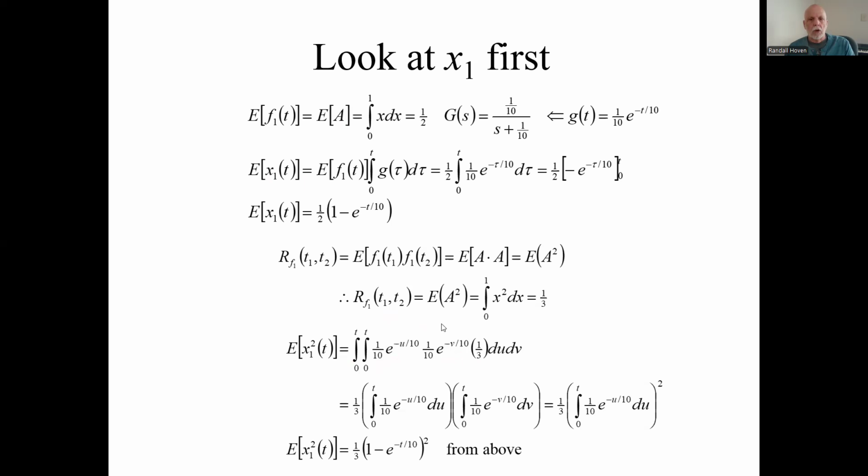Oh yeah, that's why we need this. We need this autocorrelation function because it's part of this formula. It's the weighting function with the argument of u and the weighting function with the argument of v times this autocorrelation function of the input. We just discussed this formula in previous videos. So the rest of this is taking the integrals. I'm not going to go through that. So here is the mean square due to that first input.